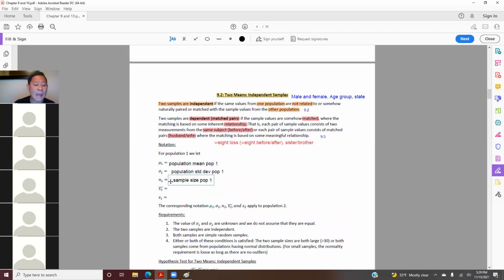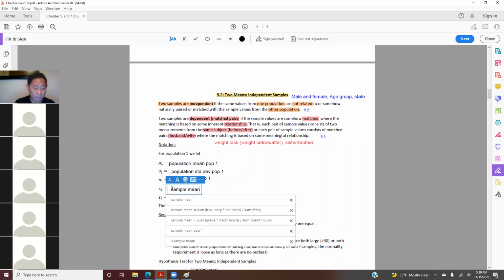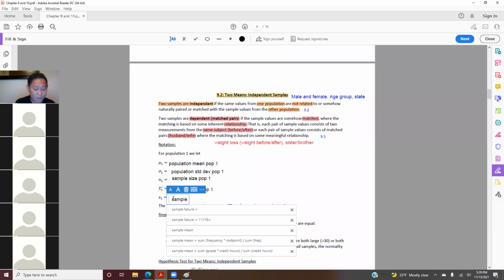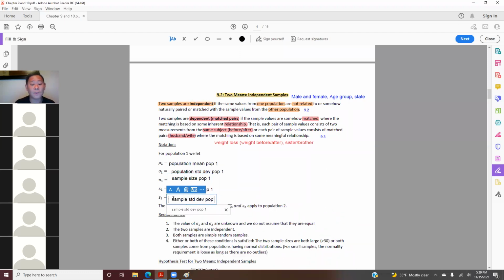Now the x1 bar that you see here is called the sample mean for population 1. And then s1 in this case is the sample standard deviation for population 1. You can change all the subscripts to 2, it means the same thing, but it's for population 2. Okay, so these are the notations here.